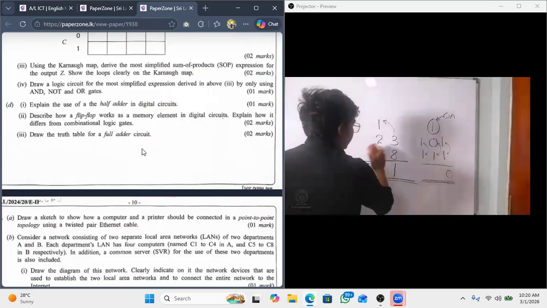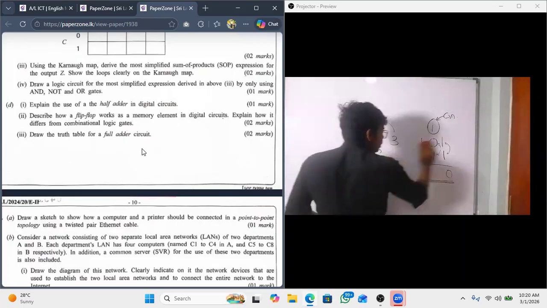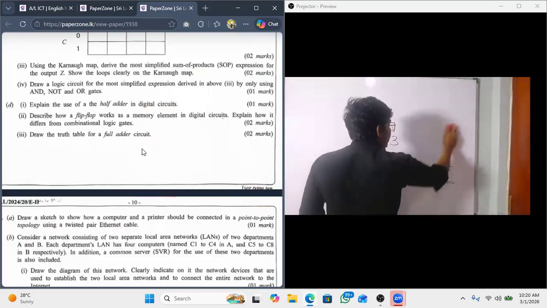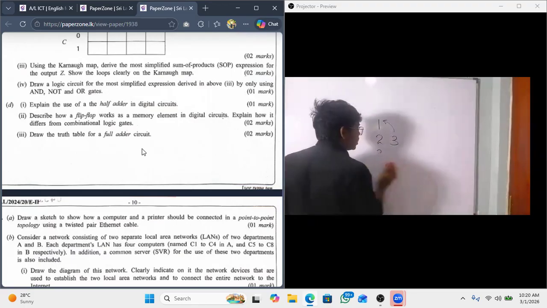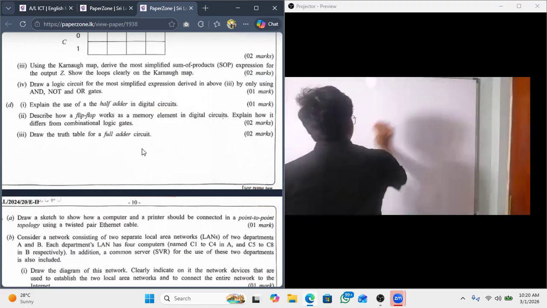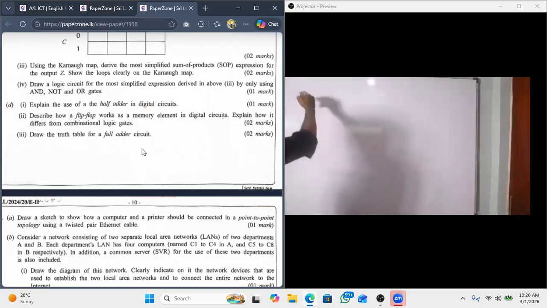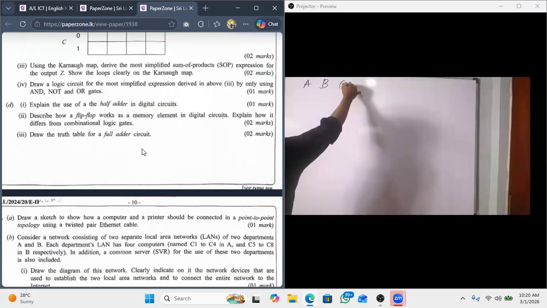So here, I will write the three variables. The idea I need to give is that I should have 3 bits for addition in the full adder. What are the 3 bits? Let's say the first bit is A, the second bit is B, and the third bit is C in, carry in.